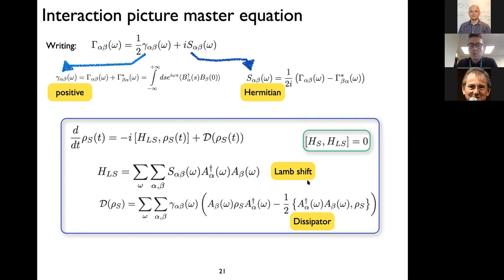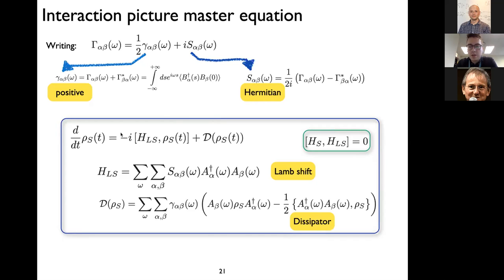The reason that this is called the Lamb shift is that the interpretation of this term is that, due to this commutator property, it just renormalizes the energy levels of our open system. So the energy levels of our open system are represented by the open system Hamiltonian H of S, and this basically renormalizes these energy levels by a small amount.